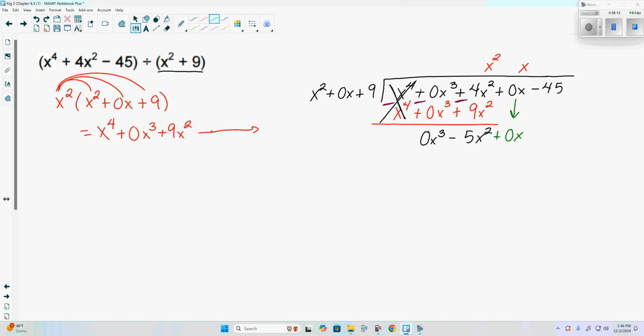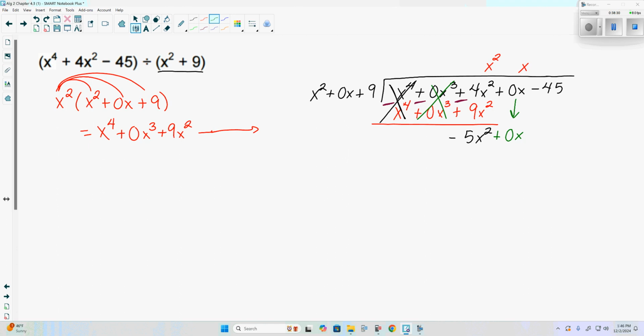Let me bring down our next term. Now, if you don't want to leave it as 0x cubed, that's fine. We can just say that it is 0, yes? Okay. If we leave it as 0, we don't write it in.